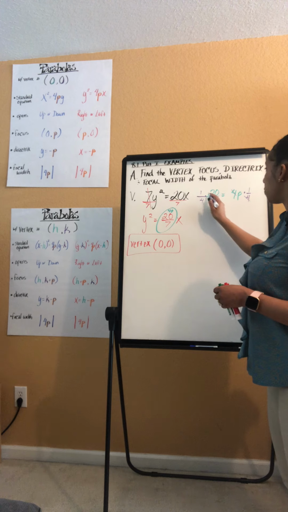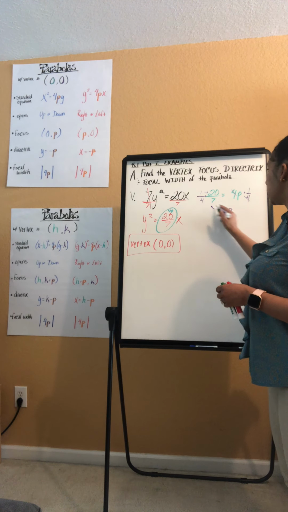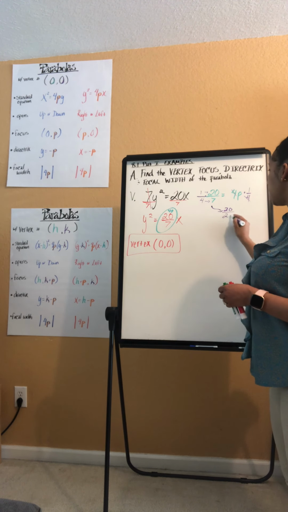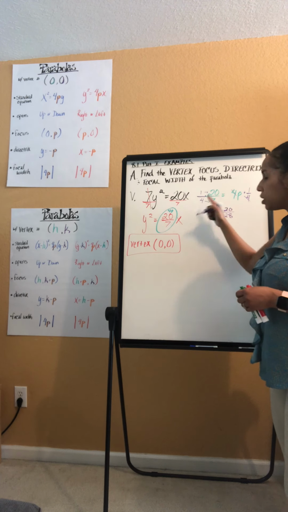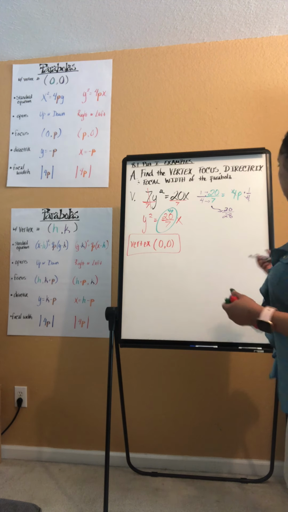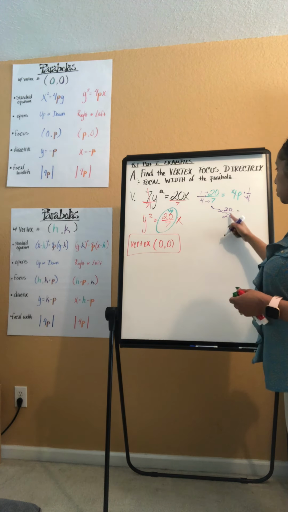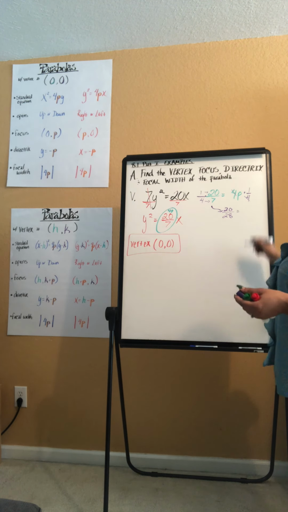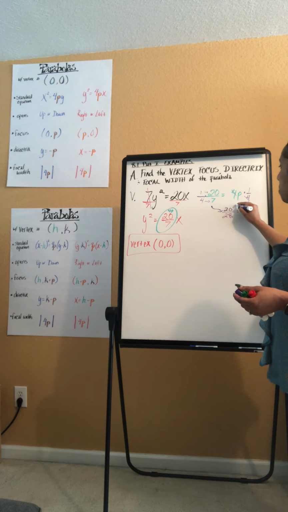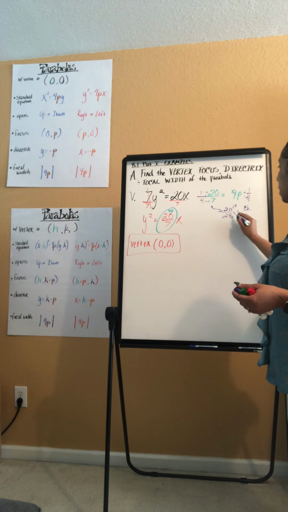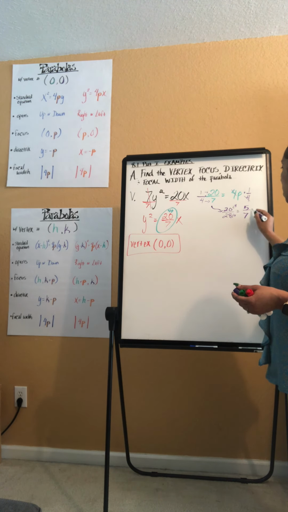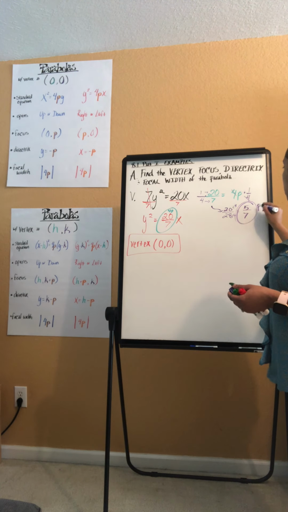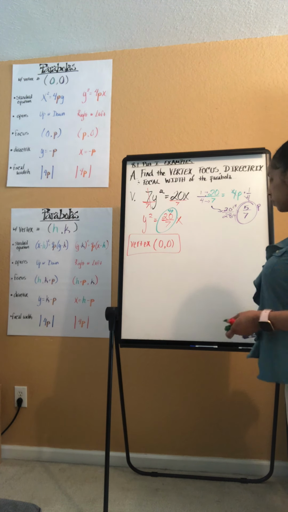All right, this will give me 1 times 20 is 20. 4 times 7 is 28. Or I could have reduced it right there, that 20 over the 4, and gotten 5. Either way, I'm going to need to reduce. So 20 over 28, they are both divisible by 4. 20 divided by 4 is going to give me 5. 28 divided by 4 is going to give me the 7. So 5/7 is my p.